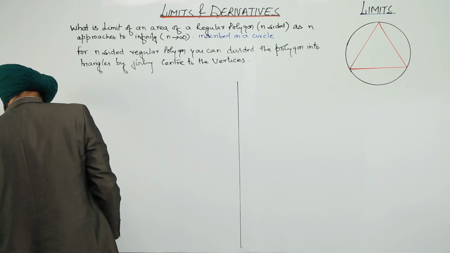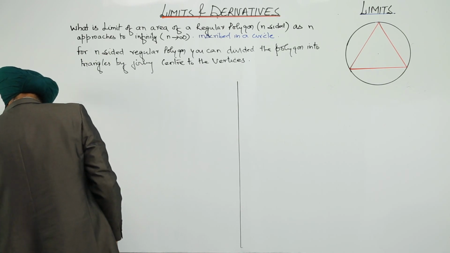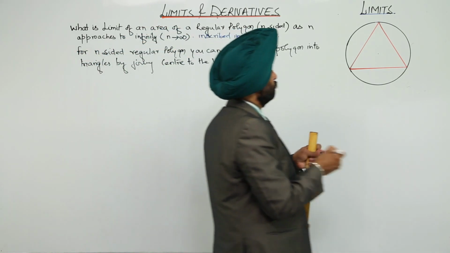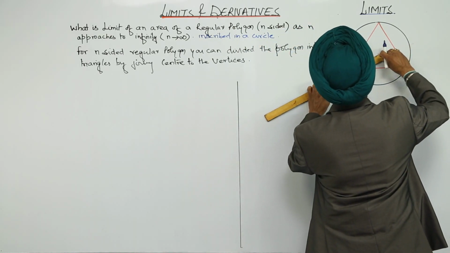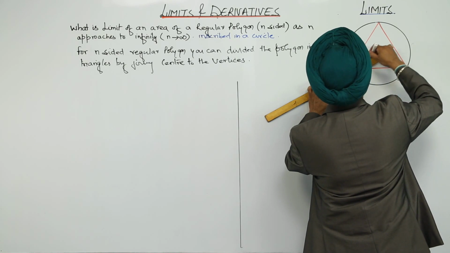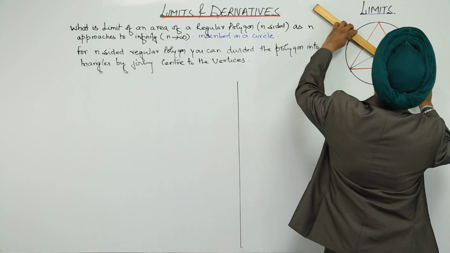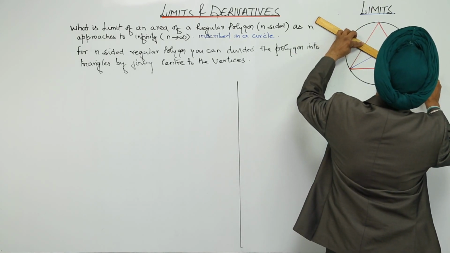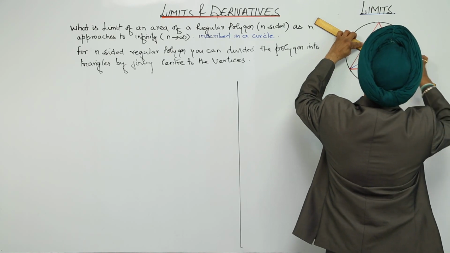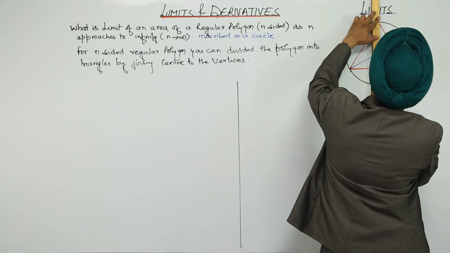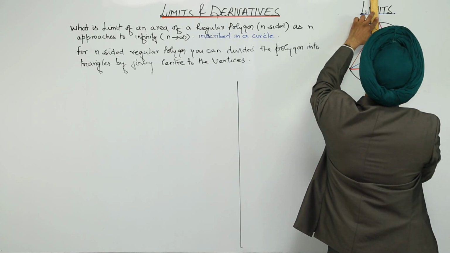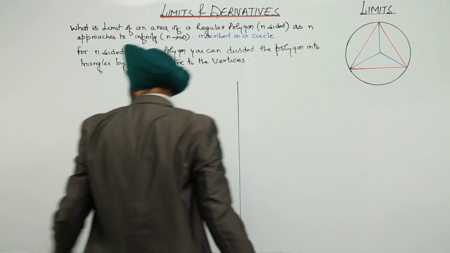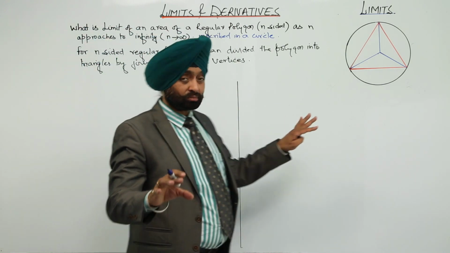Now what we can do, according to the statement, suppose we are having this as a center. Suppose here is a center, now we have joined it. Okay. Now this is a rough diagram.